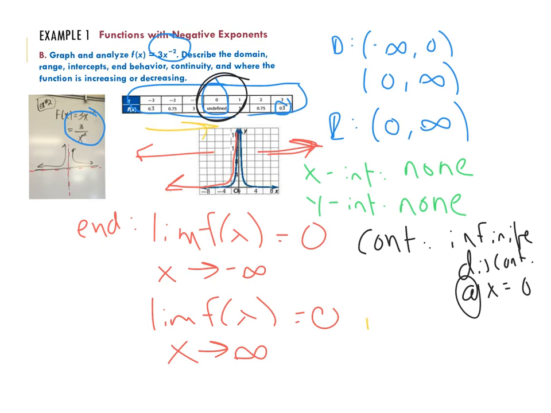So it looks like my function is increasing from negative infinity way out here, all the way till we get to 0. And then it's decreasing from 0 to positive infinity. That should take care of everything.